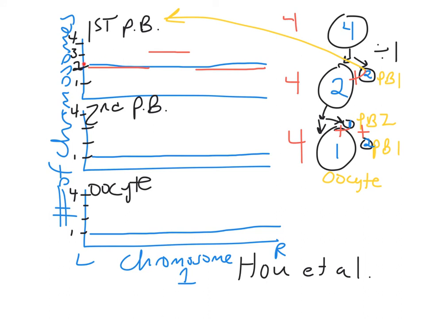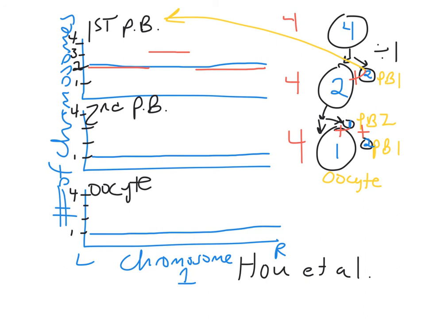So this part of chromosome 1, there are the expected numbers of copies of that part of the chromosome, and the same is true over here. But in the middle of chromosome 1, for whatever reason, the first polar body has 3 copies of chromosome 1. And there are 4 total copies of every part of chromosome 1.